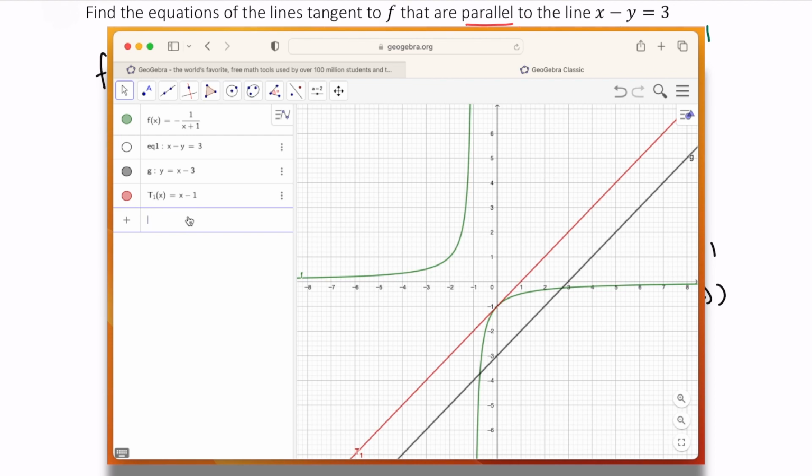Now let's go ahead and look at tangent 2. So big T underscore 2 of x is equal to x plus 3. And there it is. There's that other tangent line in blue, and certainly visually we can see that these are all parallel to the line here in black, which is y equals x minus 3.